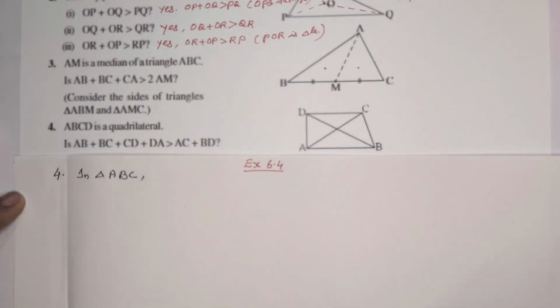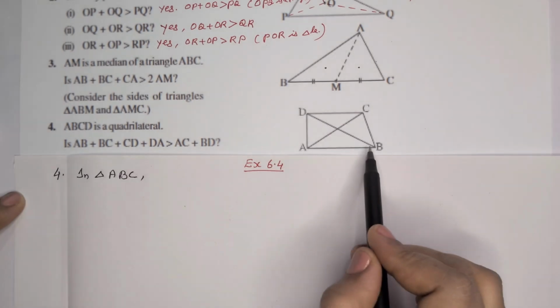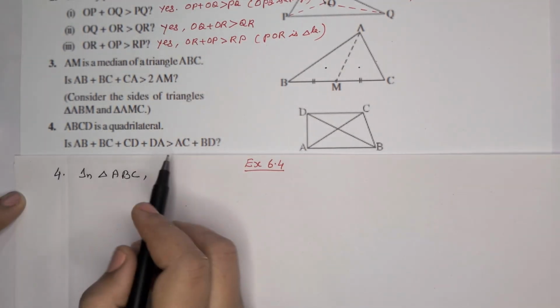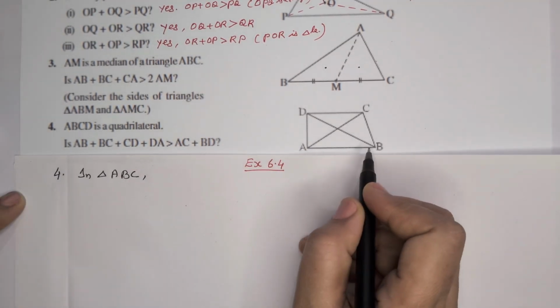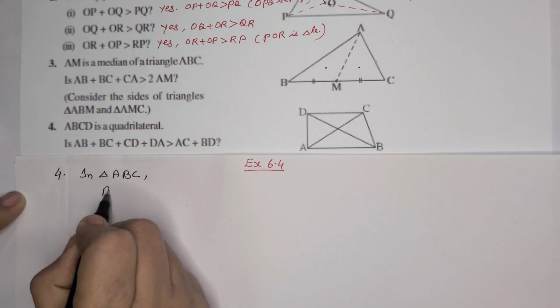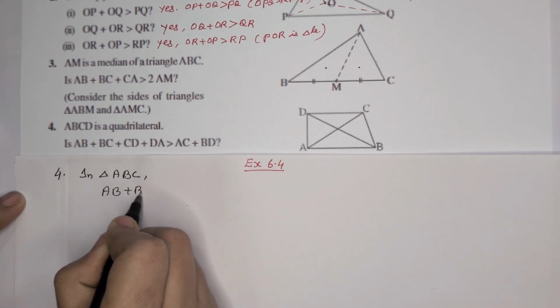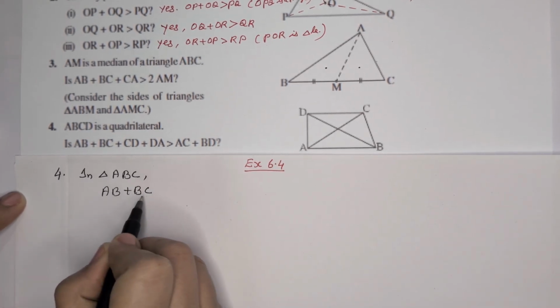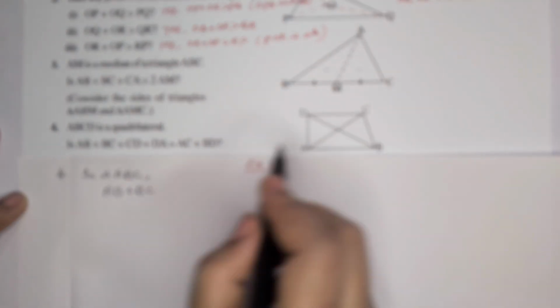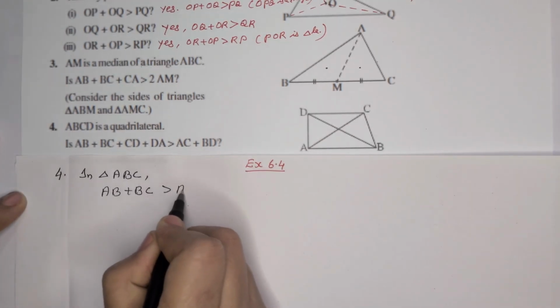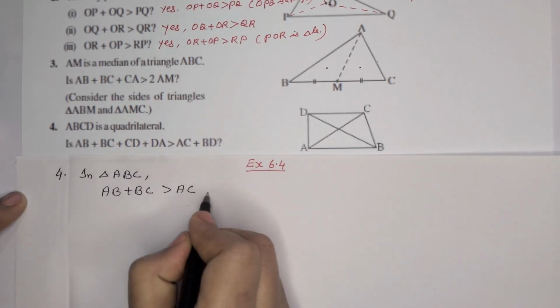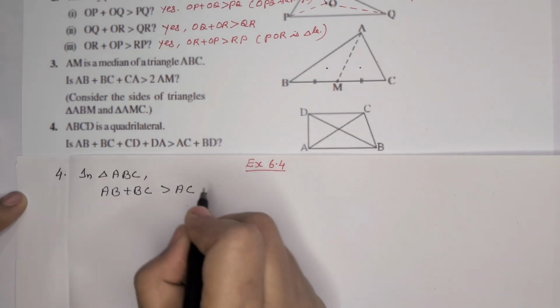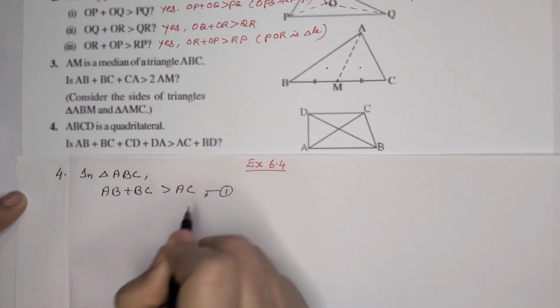First we take triangle ABC. Here we can write AB plus BC, the sum of two sides, is greater than the third side AC. We mark that as equation number 1.